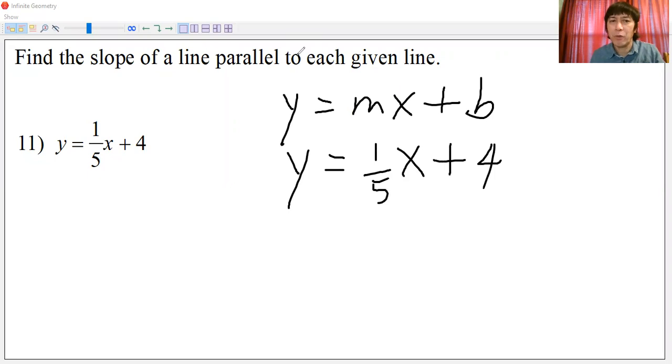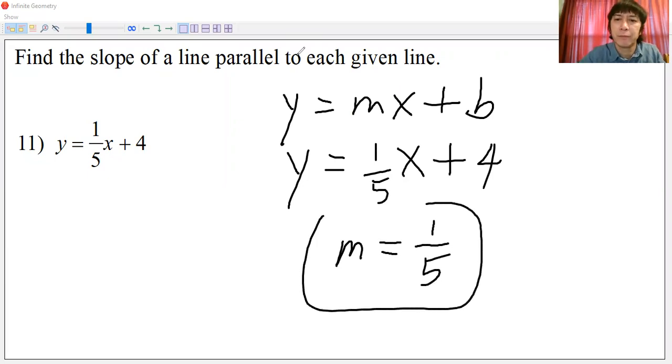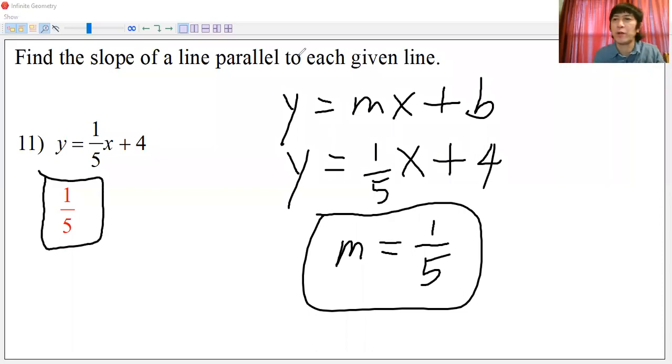And it looks like 1/5, because parallel lines share the same slope. They are equal in slopes. So the slope for the line parallel to this line is also 1/5. And we can verify that, and it's over here. There, it's 1/5, and it's correct.